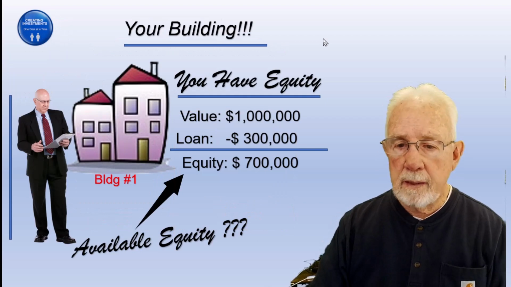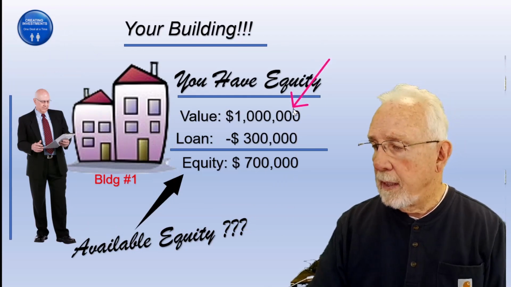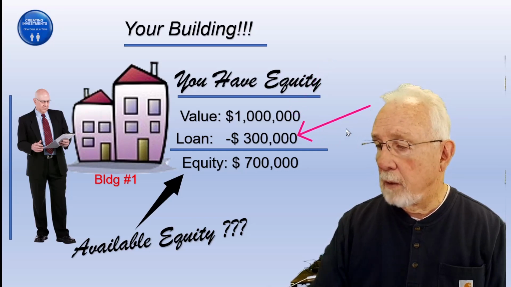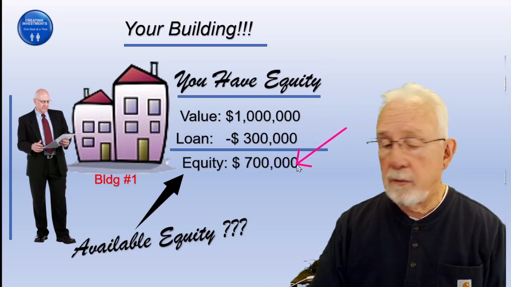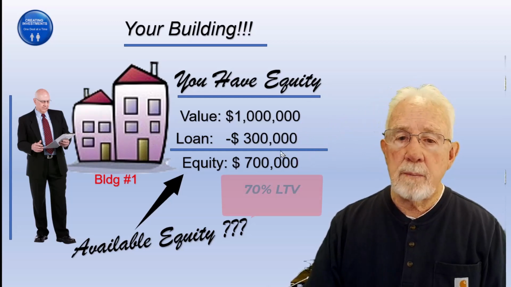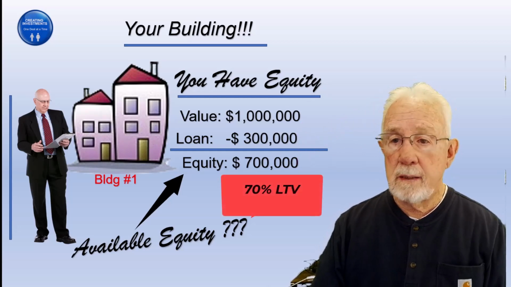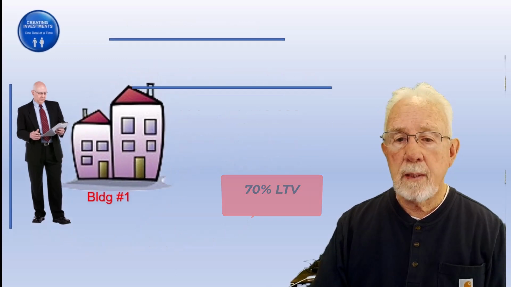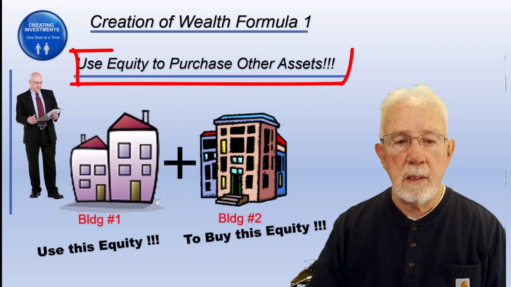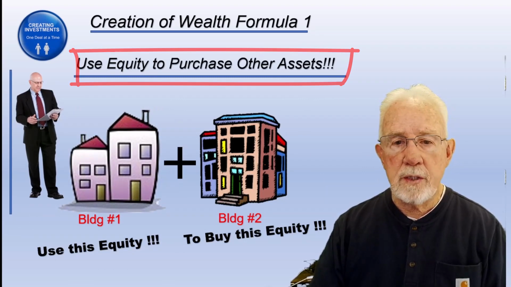Let's look at the building that we currently own. It's worth $1 million. We have a $300,000 loan against it, and we have $700,000 equity. Now that is a 70% loan to value, which is really pretty good. This part of the creation of wealth formula is real simple, and we all understand it.